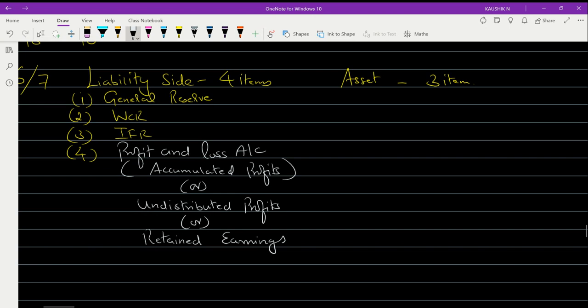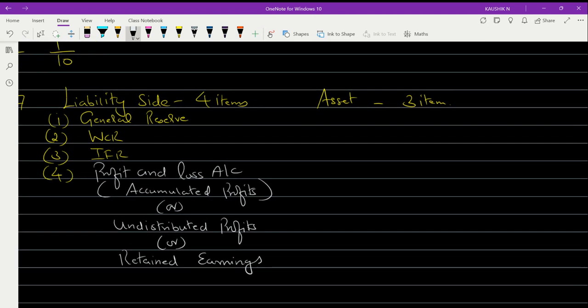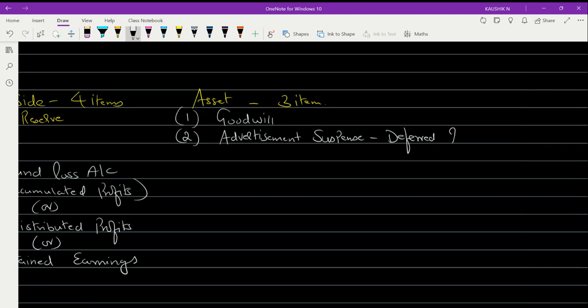What are the items that can be found on the asset side, if you ask? The first item will be goodwill. The second item is advertisement suspense, which is nothing but your deferred revenue expenses.